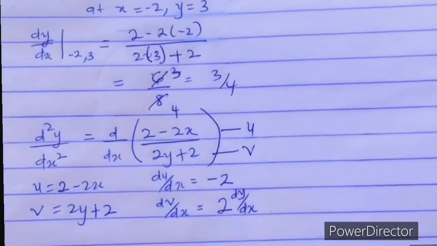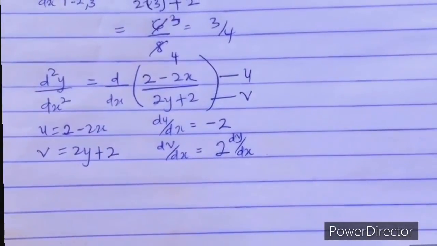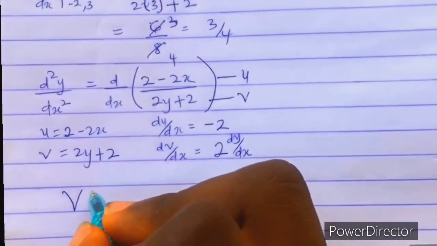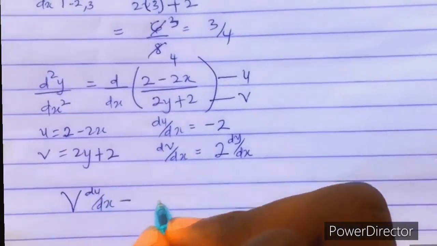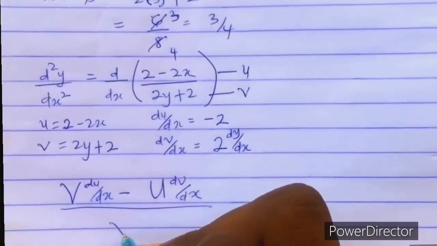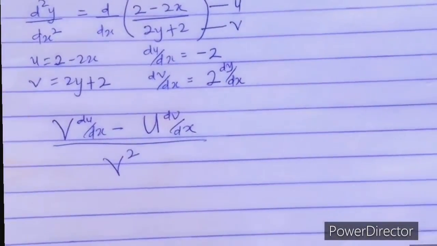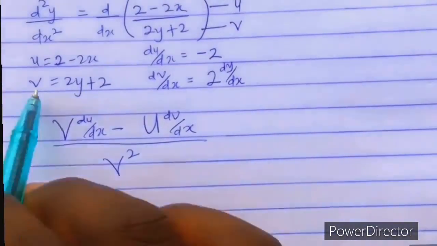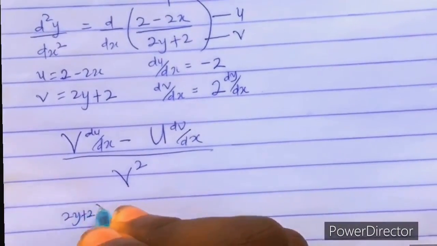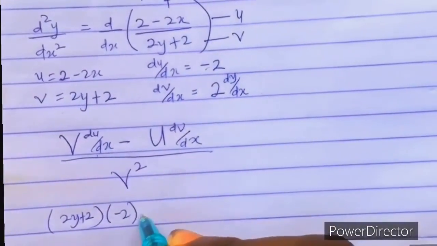Now based on that, the formula for the quotient rule is (v du/dx minus u dv/dx) all over v^2. From there we can say that our v is 2y plus 2, open bracket my du/dx, which is -2, minus u.